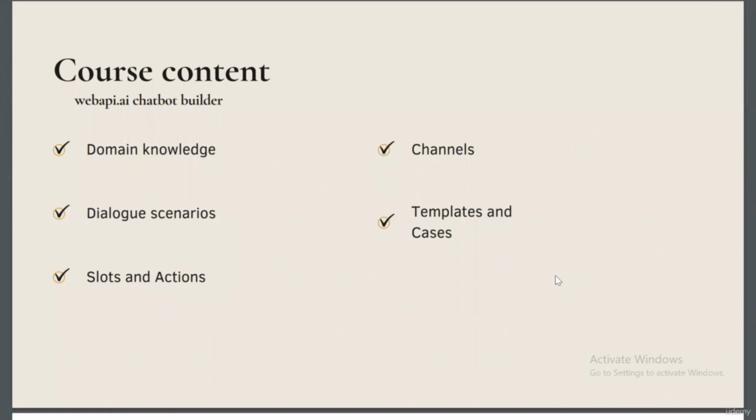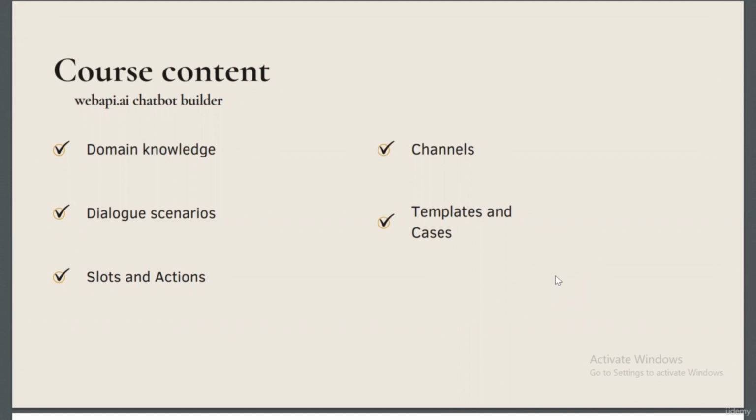Now, the course content consists of 5 main sections. The first one is domain knowledge, where we dive in and show how to teach the AI. It's very easy to use and quite straightforward. We're going to give mock dialog examples and go through dialog scenarios. In other words, we'll give some examples to the AI to show how to respond in different cases.